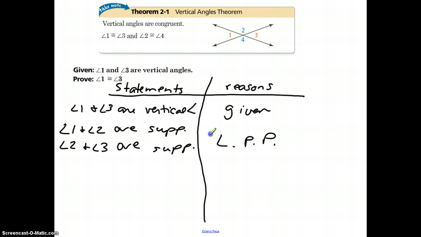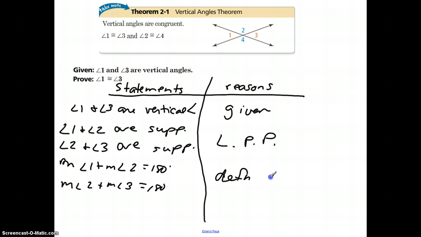How can that help me? Well, supplementary, we learned, means that they add up to 180. So, from there, I know that the measure of angle 1 plus the measure of angle 2 equals 180. And I know that the measure of angle 2 plus the measure of angle 3 equals 180. And how do I know that? How do I know that supplementary means 180? Well, that was a definition. That's your definition of supplementary angles.